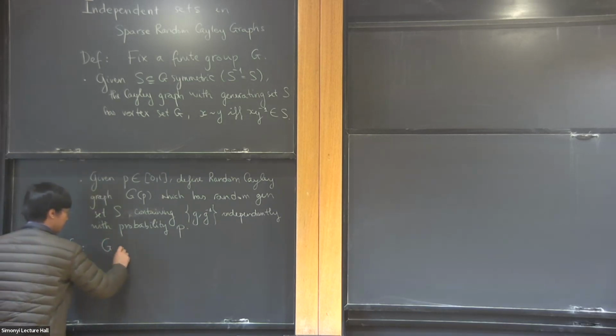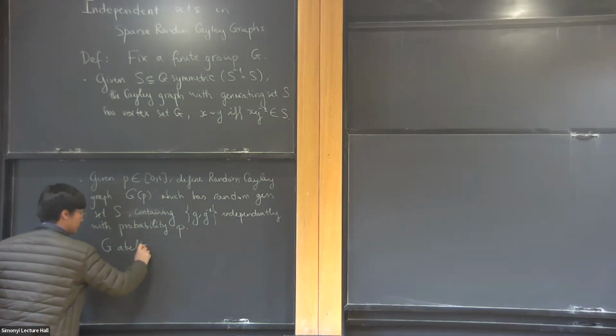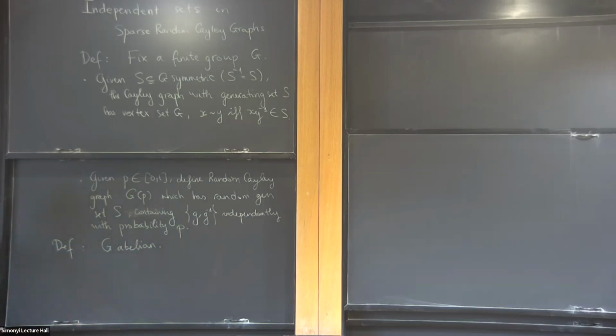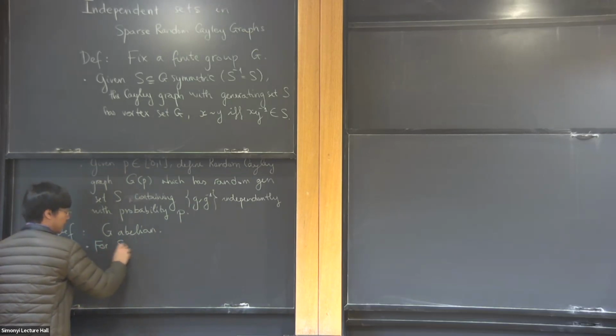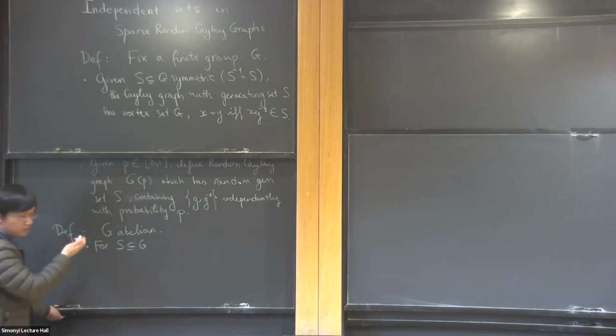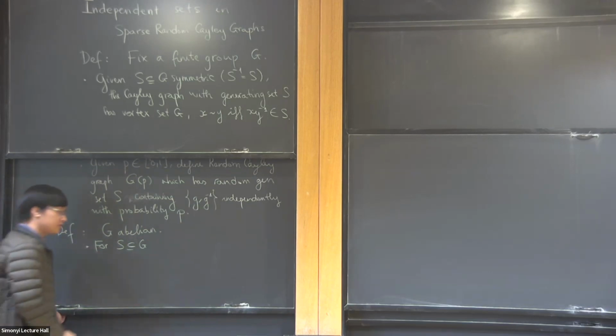So if G is further assumed to be an abelian group, we can define a Cayley sum graph. Given an arbitrary subset S of G, we no longer need any symmetry constraint.